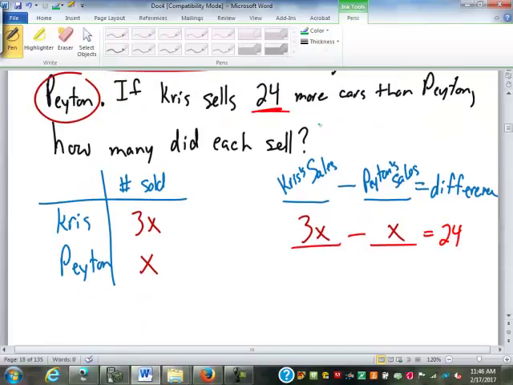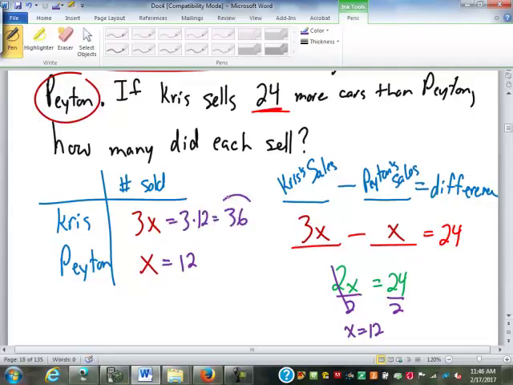So we subtract: 3X minus X is 2X equals 24. And of course, we just divide by 2 to solve. X equals 12. So Peyton's sales, which is X, is 12. And we do have to remember to go back and finish off. 3 times X becomes 3 times 12, or 36, is Chris's sales.